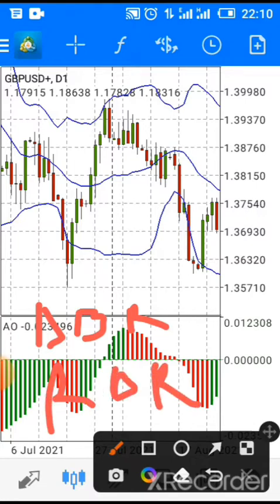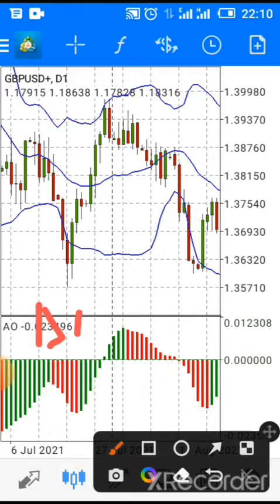Now recall that a drop means a downward pull, just like what you have here. This is a drop, that's a downward pull. Now rally is the exact opposite of that, which is an upward pull.